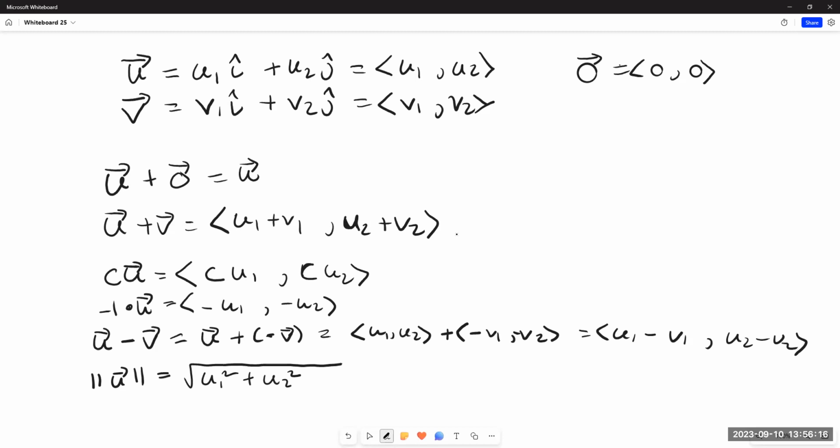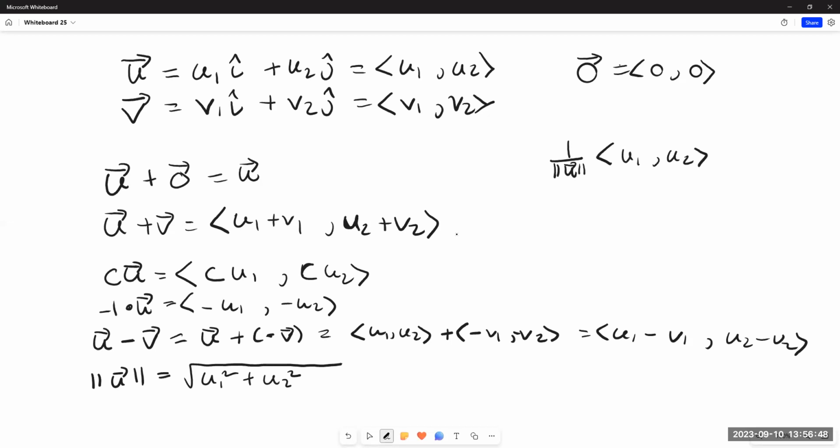So if I want to force myself to have a vector with a length of 1, then I can multiply the reciprocal of the magnitude of the vector times my vector here, like so.